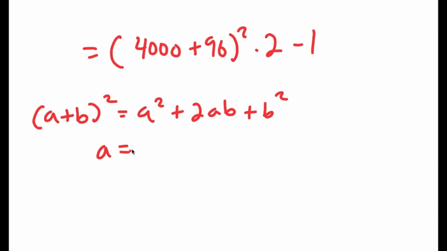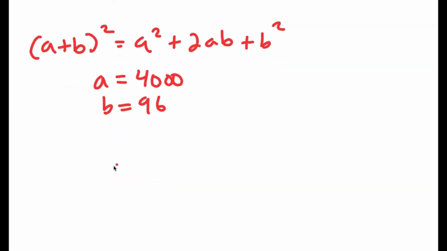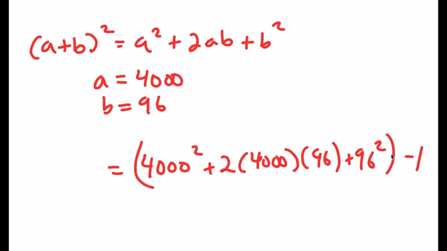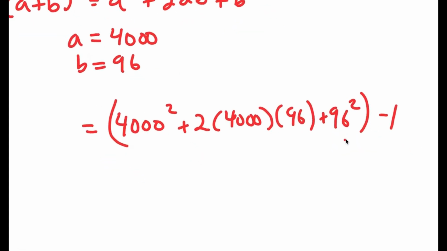So in this case, a is 4000 and b is 96. So this turns into 4000 squared plus 2 times 4000 times 96 plus 96 squared. And I have all of this minus 1. Oh, sorry. All of this times 2 minus 1.